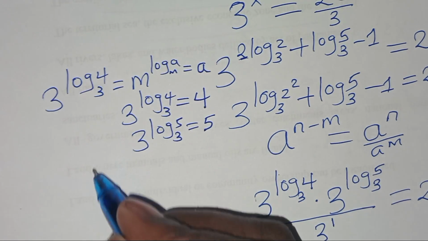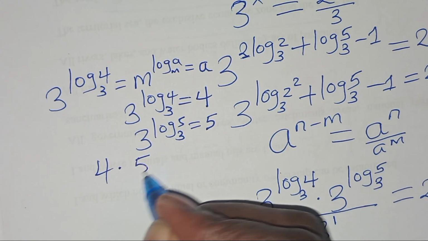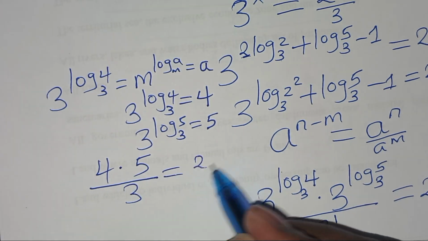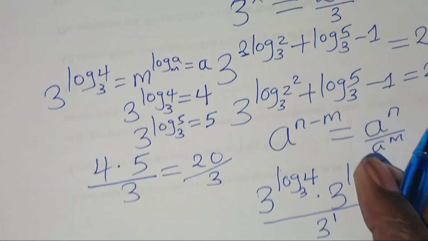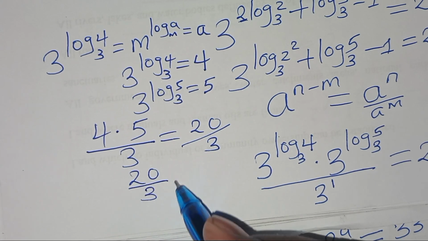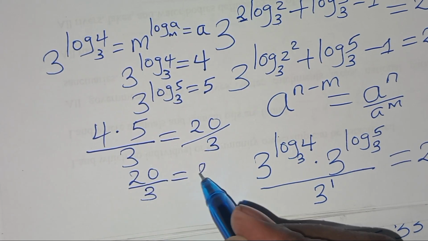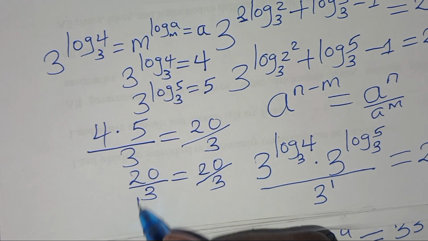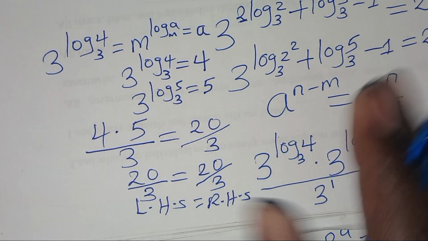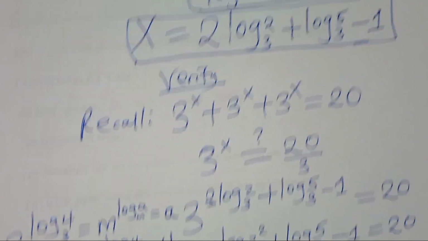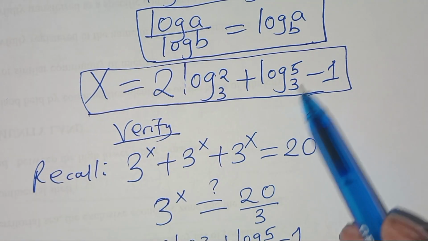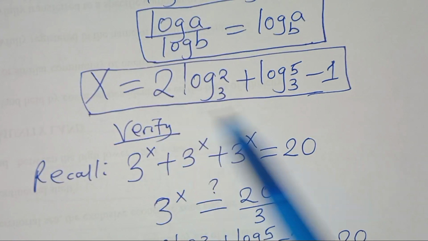We have 4 multiplying by 5 divided by 3. This should be equal to 20 over 3. So 4 times 5, this is actually equal to 20, which is divided by 3. That is, on the left hand side, we have 20 over 3, and on the right hand side, we have 20 over 3. So this affirms that the value of x, which is 2 log 2 to base 3 plus log 5 to base 3, subtract 1, satisfies the equation.